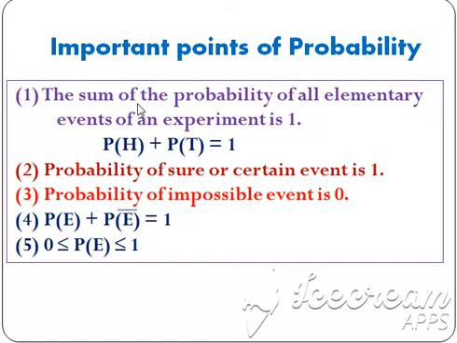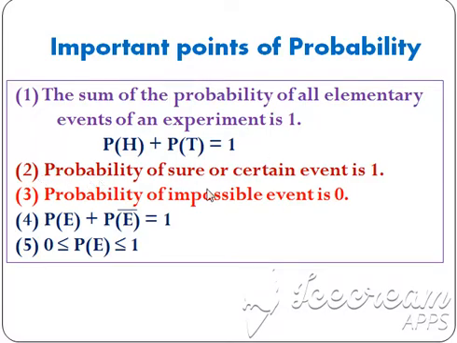As per this, the sum of the probabilities of all elementary events of the experiment is 1. So P(H) plus P(T) is equal to 1. This is the most important point that you have to remember: the sum of the probabilities of all elementary events of the experiment is always equal to 1.